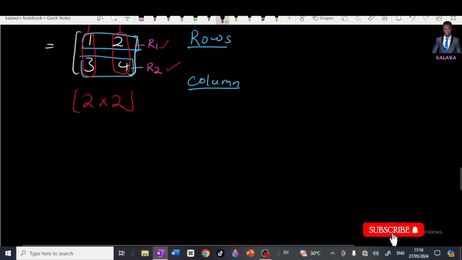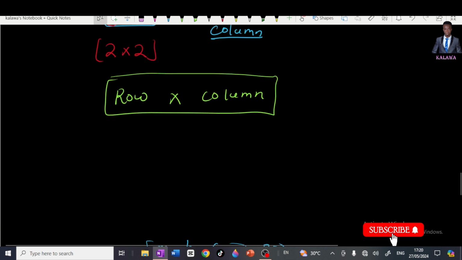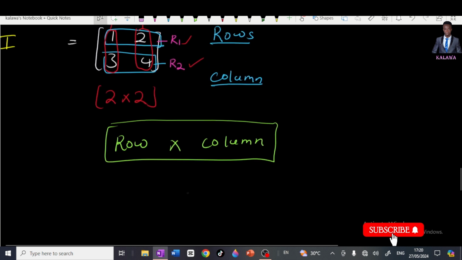So the general standard, or the general way in which we can set a matrix, is always the row multiplied by the column, not the other way around. This is the general form in which we can set a matrix. It's always the row multiplied by the column.